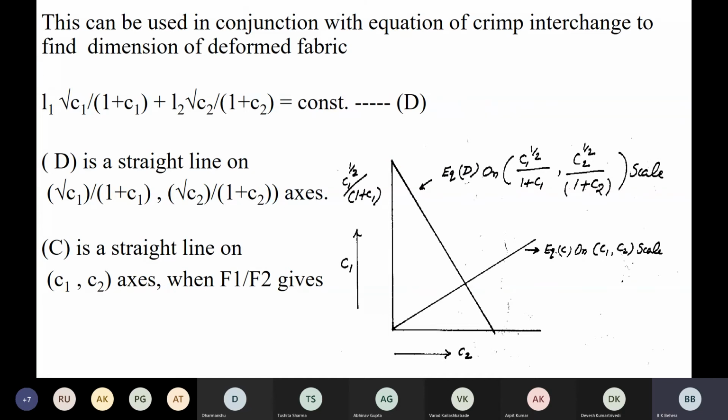If you plot the curve between C1 and C2, which you have already seen in the crimp interchange equation, at this stage I'm just repeating this. You get this equal to a constant, the crimp interchange equation, recall. And we find it is a straight line. So this is C2, this is C1, which is obvious: increasing C2 decreases C1 and vice versa. This is a normal trend which you have already seen in the crimp interchange equation. The same thing is written here.